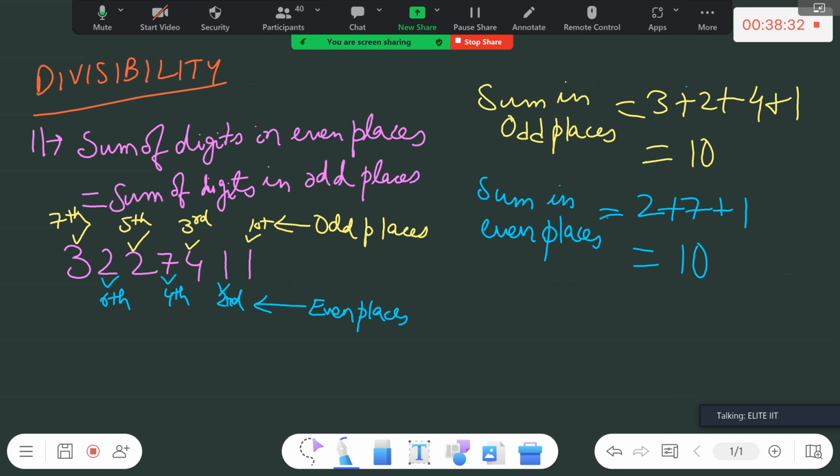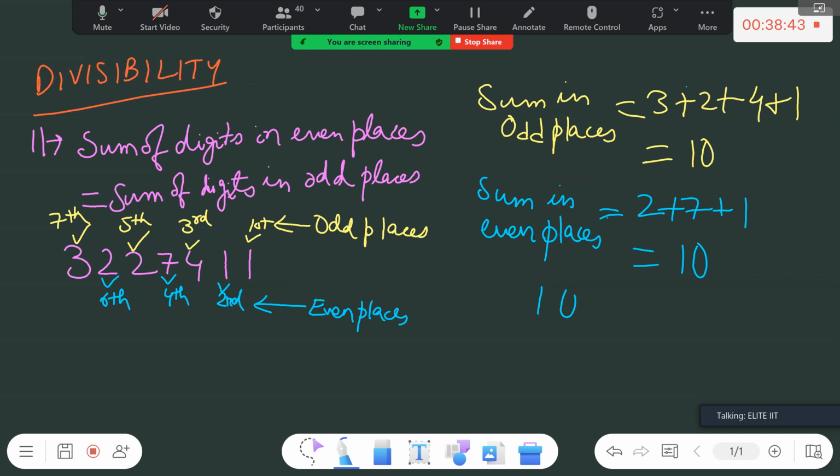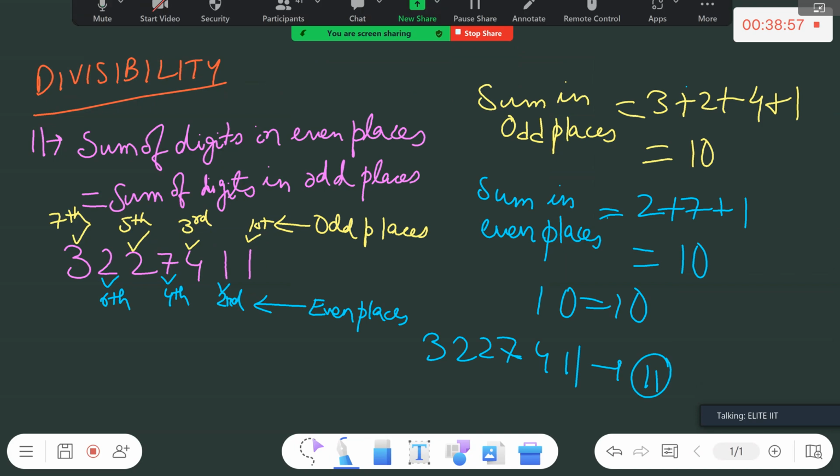Okay, let's continue. So we can see the sum in odd places is equal to the sum of the digits in even places. 10 and 10, equal. So this given number, 3, 2, 2, 7, 4, 1, 1, is divisible by 11.